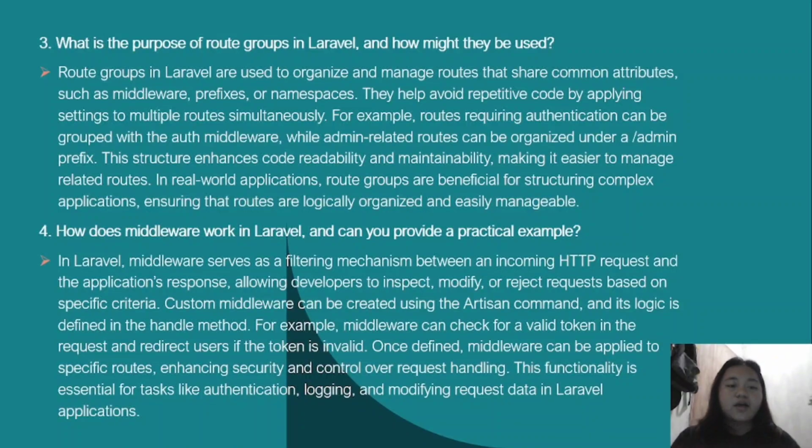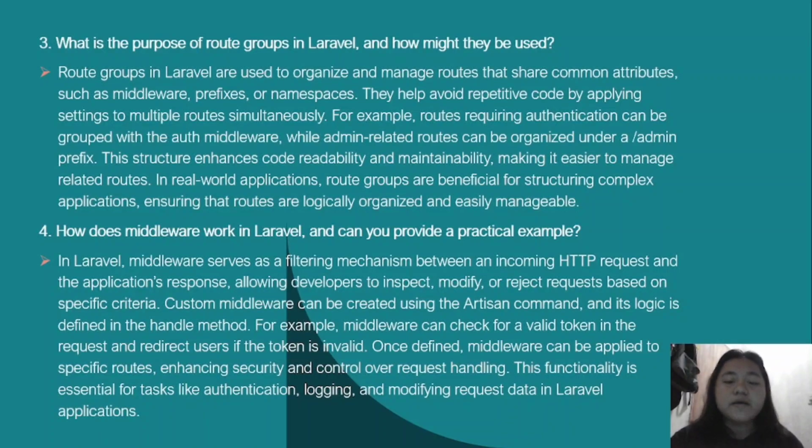How does middleware work in Laravel, and can you provide a practical example? In Laravel, middleware serves as a filtering mechanism between an incoming HTTP request and the application response, allowing developers to inspect, modify, or reject requests based on specific criteria. Custom middleware can be created using the Artisan command, and its logic is defined in the handle method.